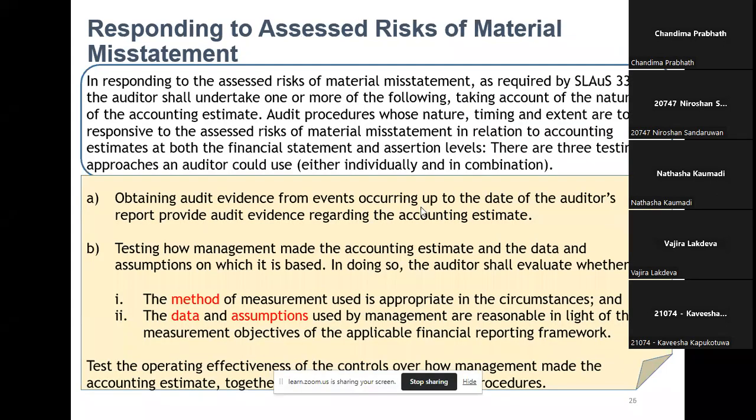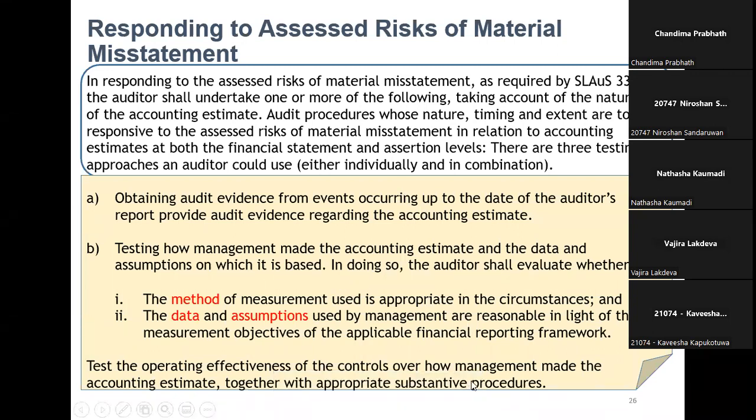That's why it says testing how management made the accounting estimate and the data and assumptions on which it is based. In doing so, the auditor shall evaluate whether the method of measurement used is appropriate in the circumstances and consistently applied. The data and assumptions used by management are reasonable in light of the measurement objective of the applicable financial reporting framework. Right?